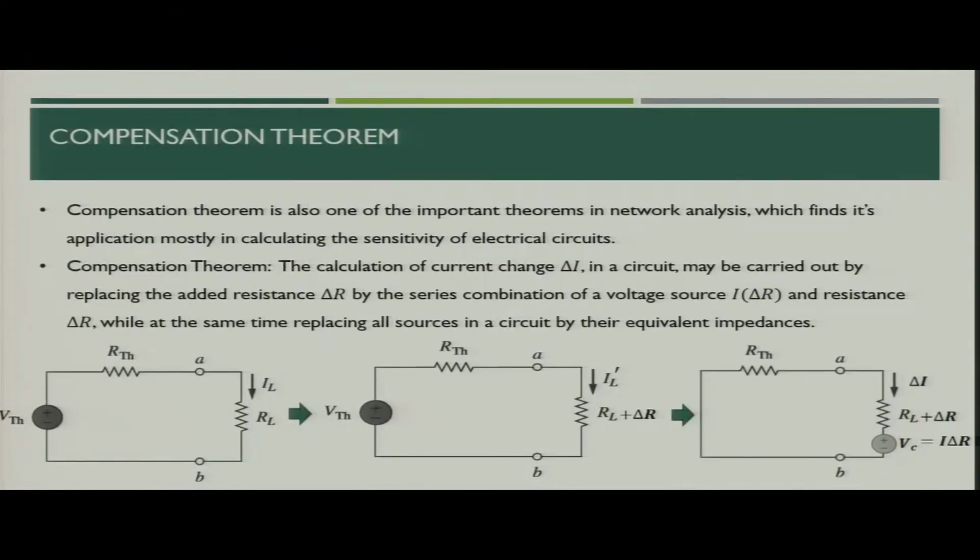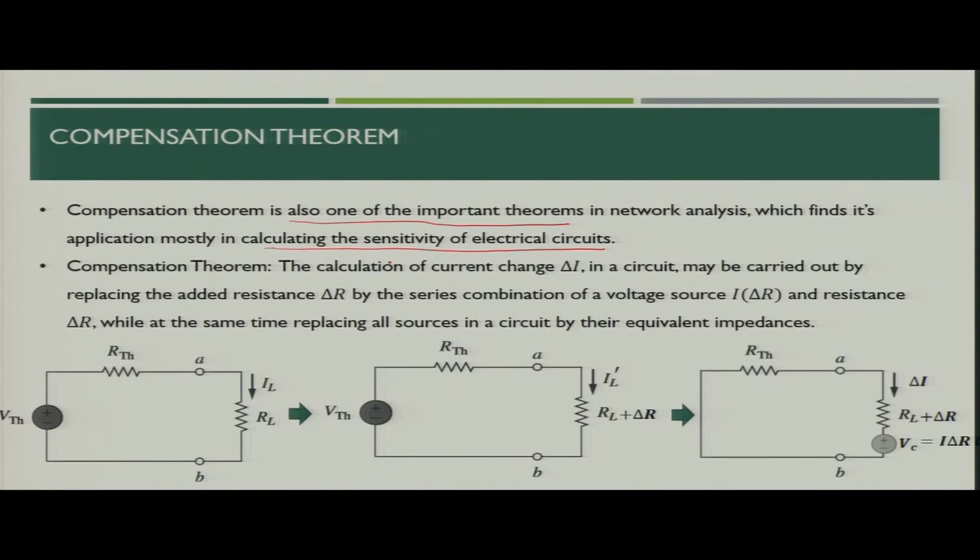Now, let us talk about another theorem which is called the compensation theorem. Compensation theorem is also one of the important theorems in network analysis, which finds its application mostly in calculating the sensitivity of the electrical circuit.